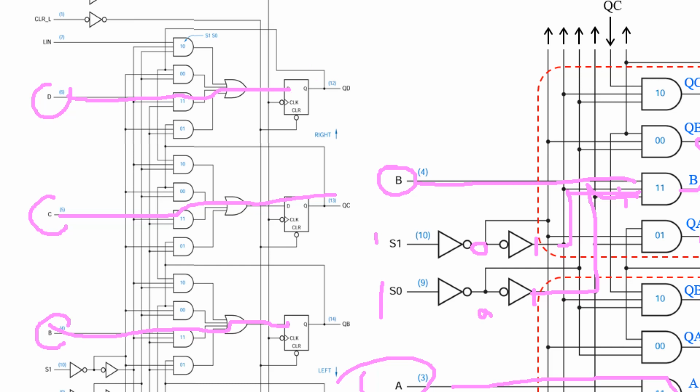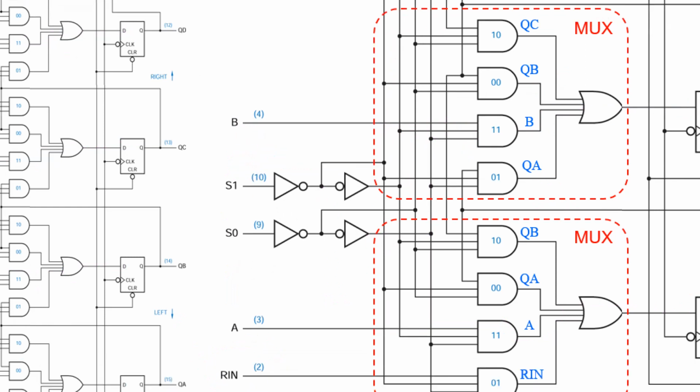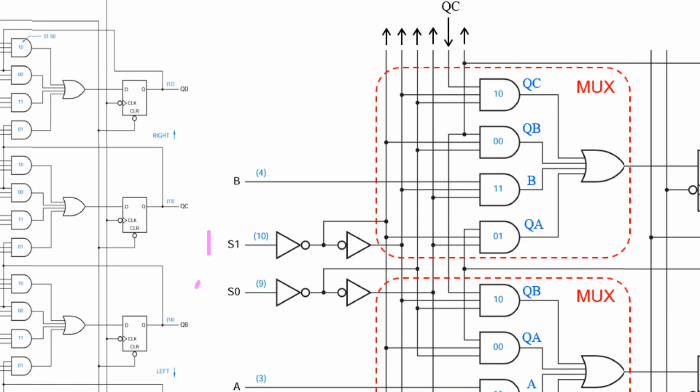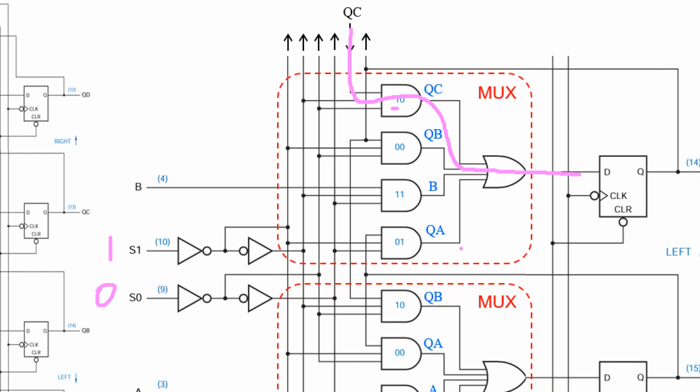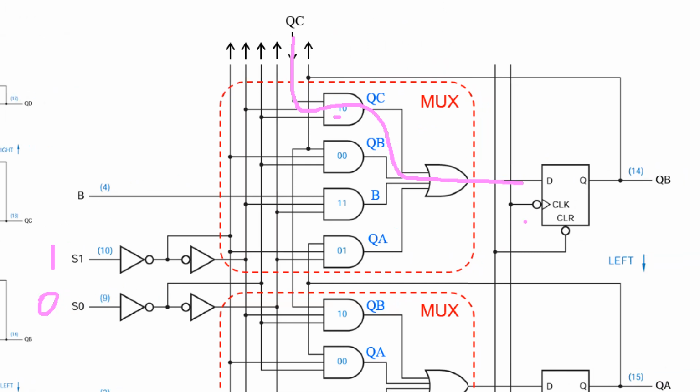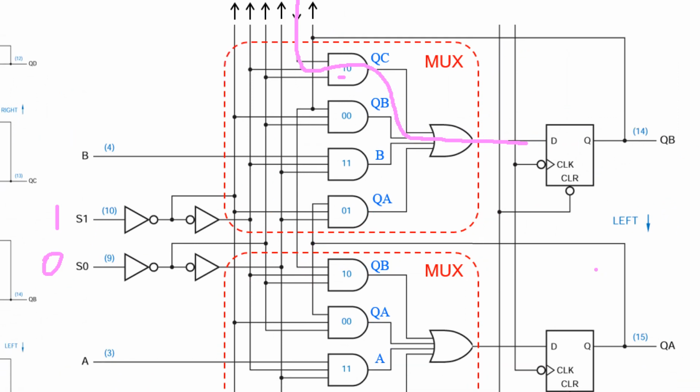And if you apply, for example, 10, 1010, then data from QC will be fed to QB, and QB will be fed to QA, from QB.